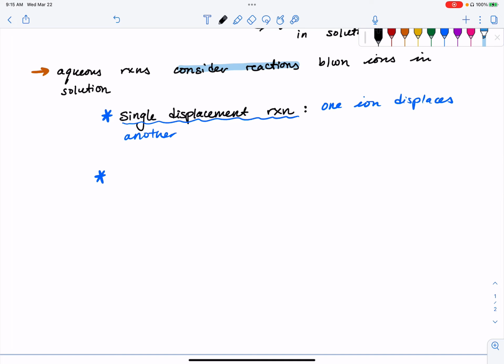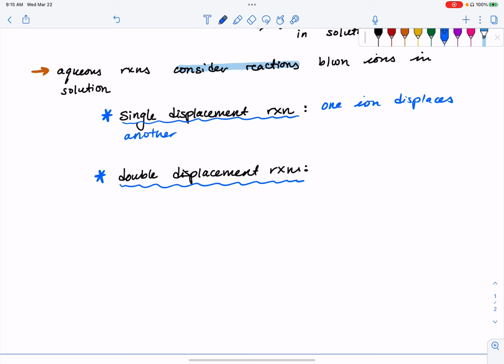And the other type of reaction that we're most commonly going to encounter in solution are double displacement reactions, where if we're thinking about again what's going on in solution, we're looking at ions displacing one another.